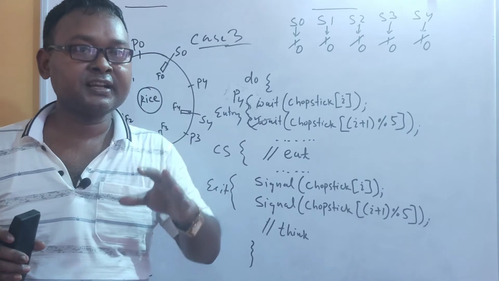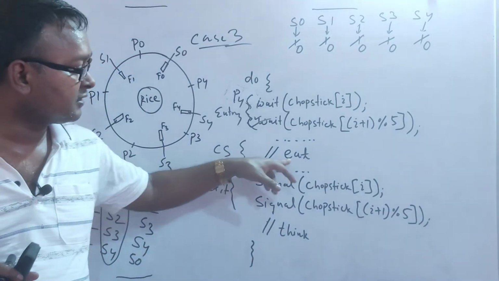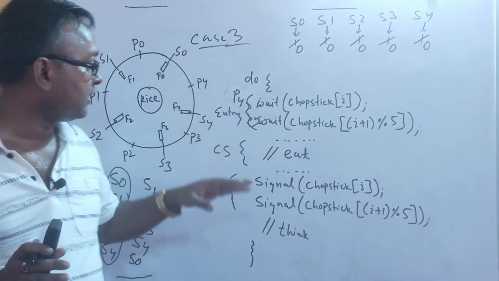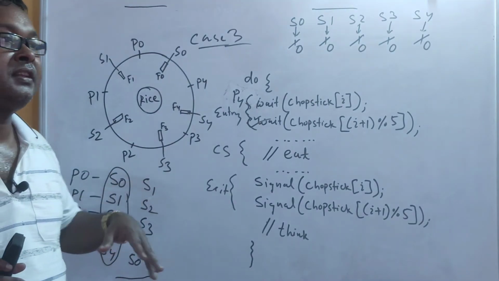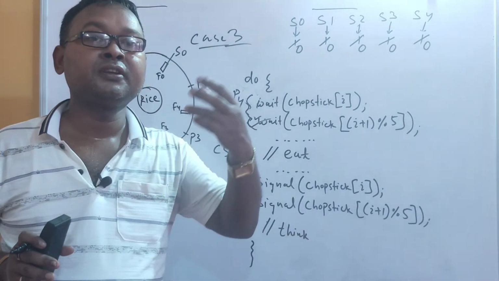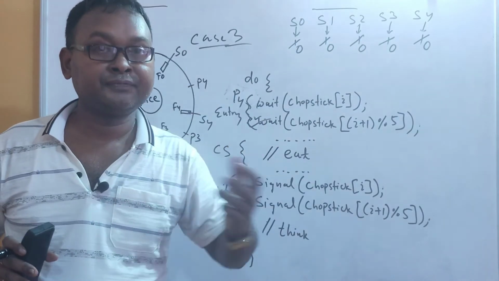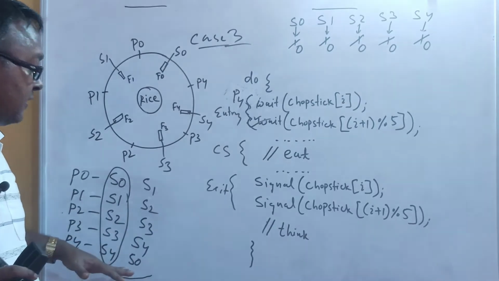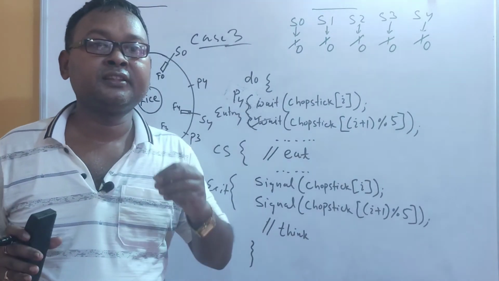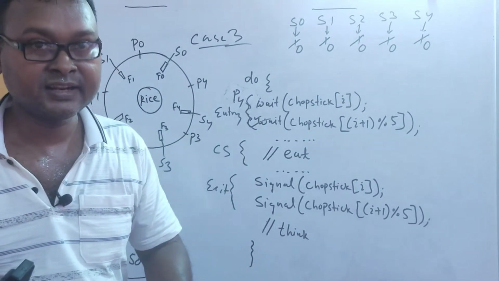The ultimate aim is that the critical section is eating the rice, but they are getting stuck over here, and this will be continued for a long period of time. If this happens for a long period of time, then the deadlock situation arises.